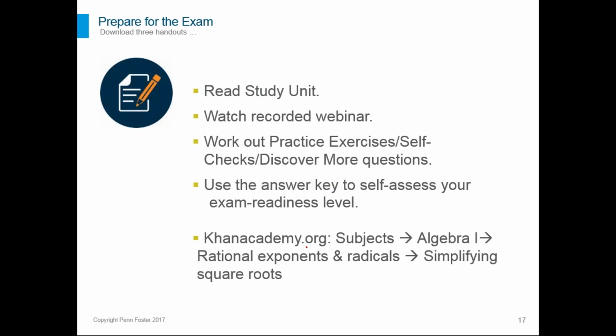If you go to their website, on the top left corner, you see subjects. Click on that. Choose Algebra 1 and choose rational exponents and radicals. And under that, watch the videos and do the practice under simplifying square roots. That would be something optional. You don't have to do that, but some students have asked me about extra resources for each topic.